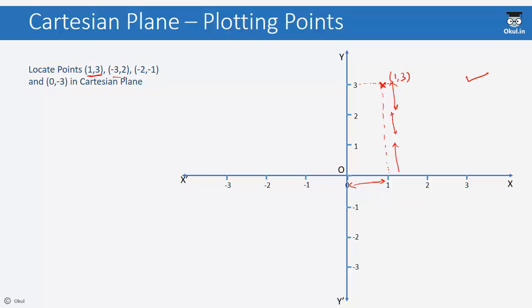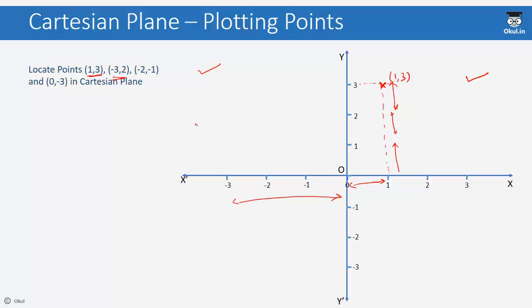Now point (-3, 2). Here the abscissa is negative and the ordinate is positive. So this point will lie in quadrant 2. Here we know that the x-coordinate or the abscissa is -3. Therefore, we have to travel a distance of 3 units along the negative x-axis. Similarly, the y-coordinate or the ordinate is 2.